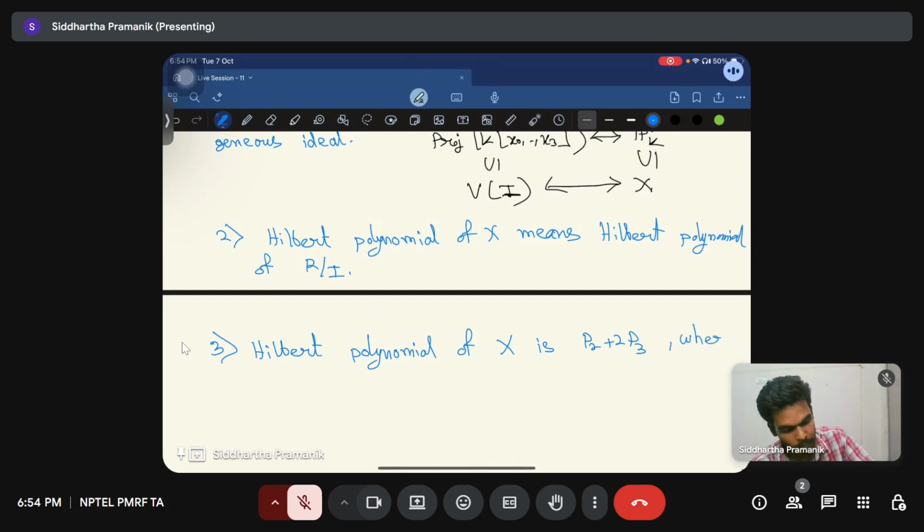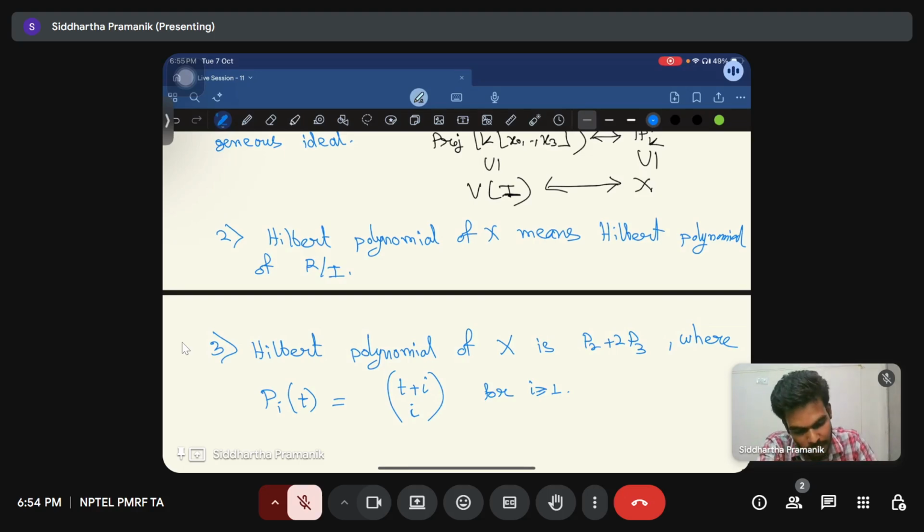Recall that Pi, if we denote it by Pi of T, is basically T plus I choose I. So this is the polynomial Pi, P of I. Okay, so this is the given information.